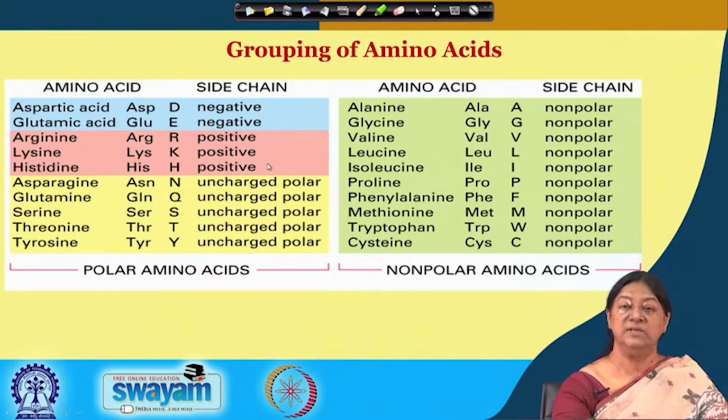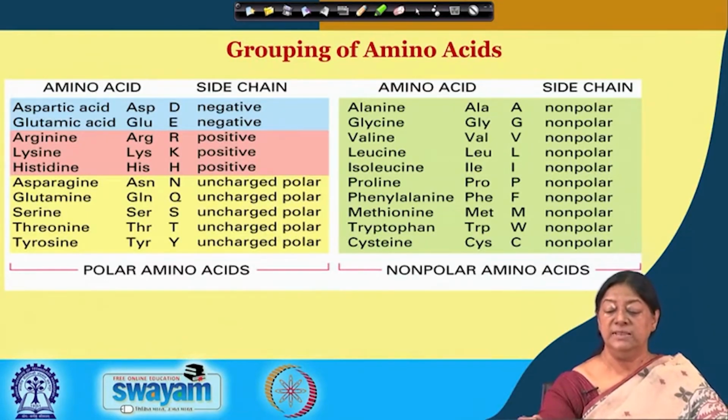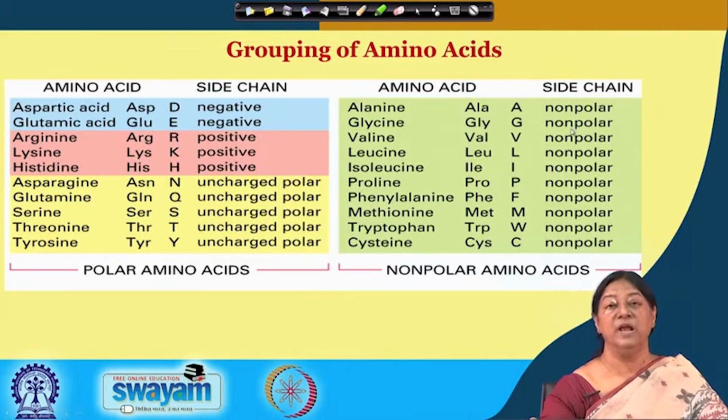The basic amino acids are the ones that render the side chain positively charged. Then we have uncharged polar amino acid residues that do not have a charge themselves, but because of the presence of nitrogen and oxygen have a polar side chain that could be involved, say, in hydrogen bonding or some such interaction. These are the non-polar side chains that would rather be involved in hydrophobic interactions, which we will look at later.